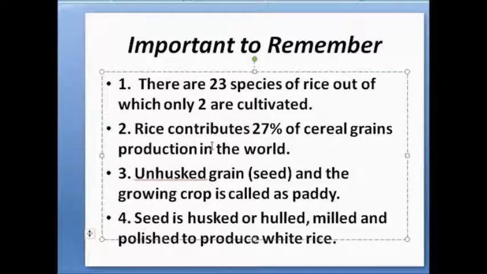The unhusked grain, that is seed, is grown and that is called paddy. When it is pounded, the seed is taken out, that is husked or hulled, and it is milled and polished to produce white rice. So white rice is the product which is ready to cook and consume.